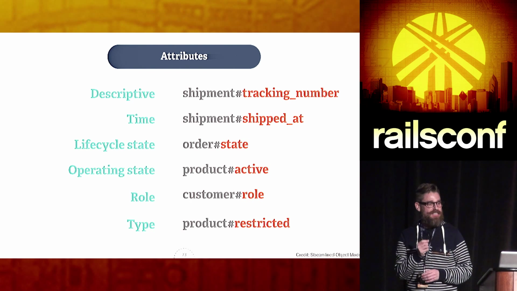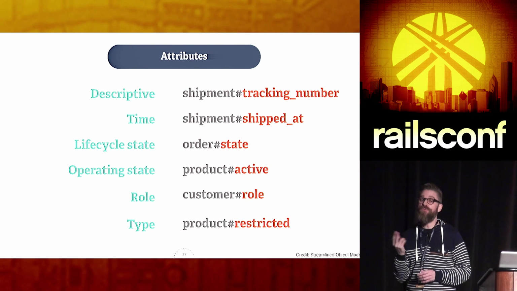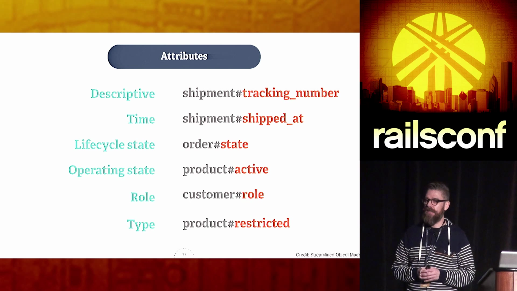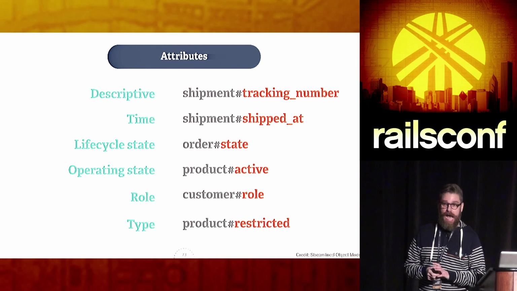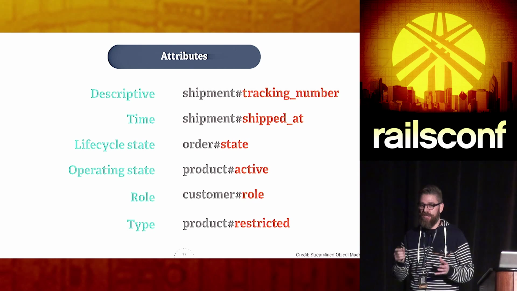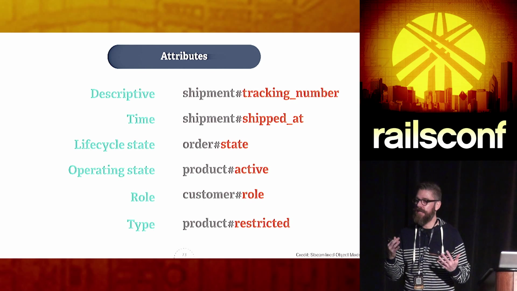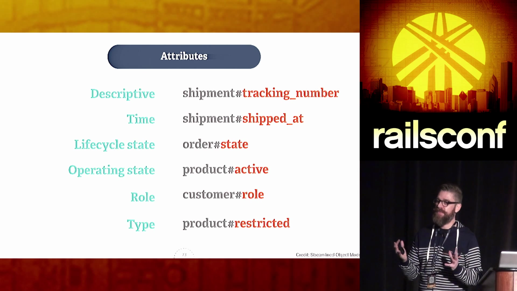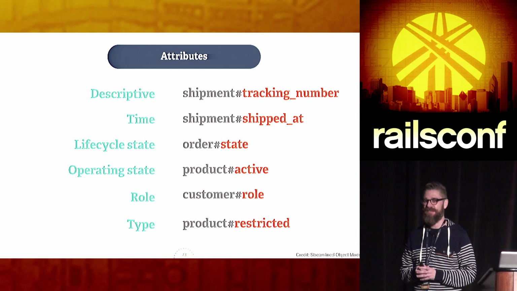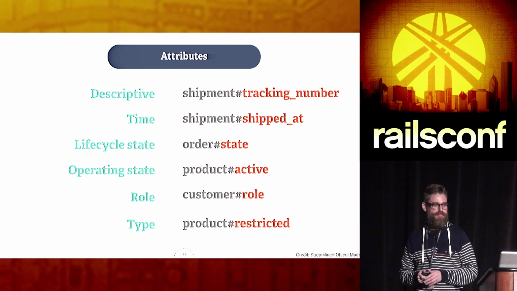So an order would transition from pending to paid to complete, but it won't revert back to that state. An operating state is a state that switches back and forth between 2 states. An example is a product that could be active in a catalog. We could switch that off and it wouldn't appear in the catalog anymore. And then we can switch it on. So it switches back and forth.